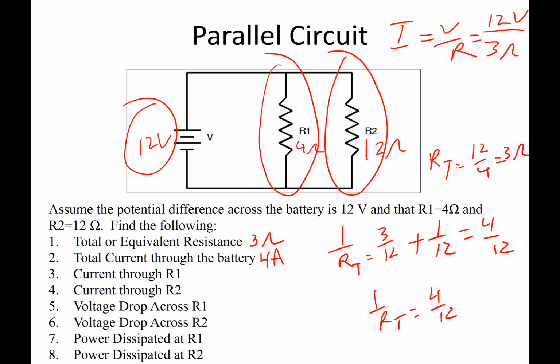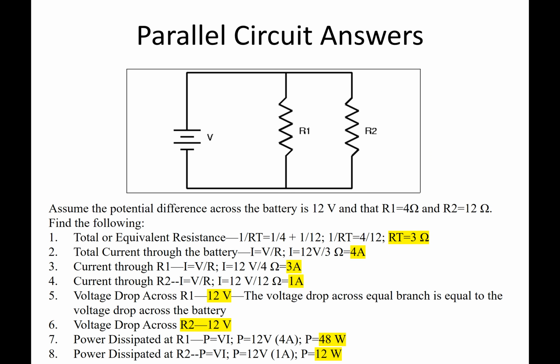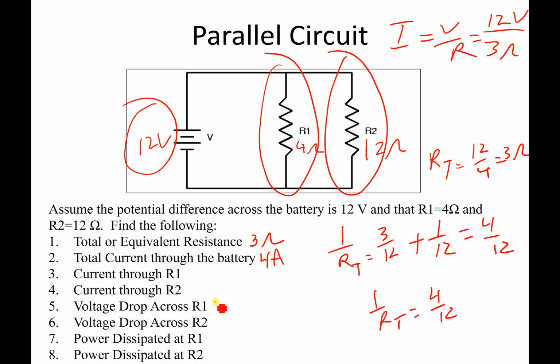Well, since there's only one resistor on each of the two branches, that means the voltage drop across each of those resistors is also 12 volts. So the voltage drop across R1 is 12 volts. The voltage drop across R2 is 12 volts.